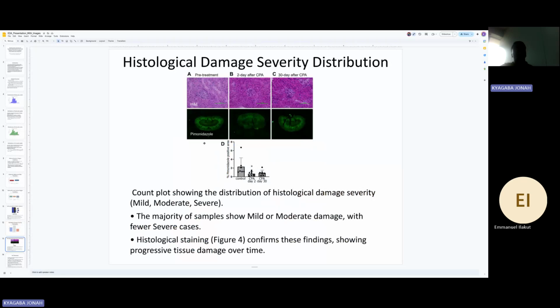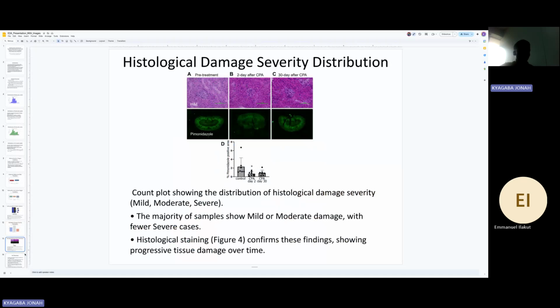During our analysis, we also tried to show the count, and we also visualized how it should look after 30 days.